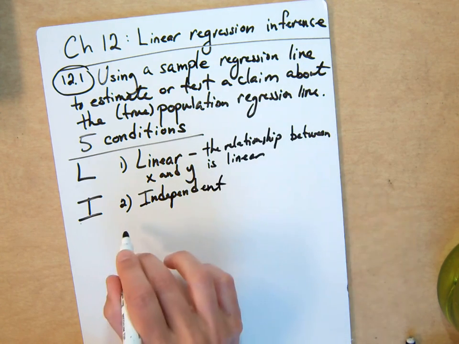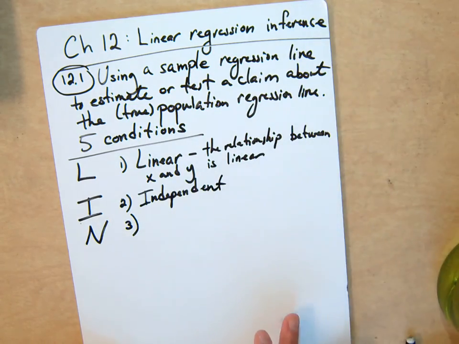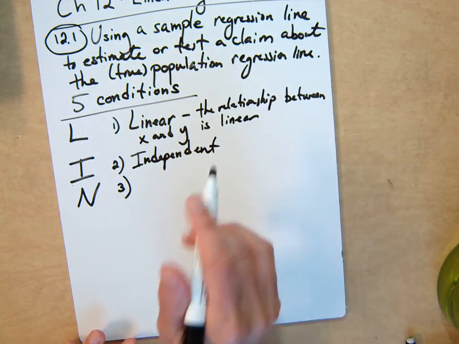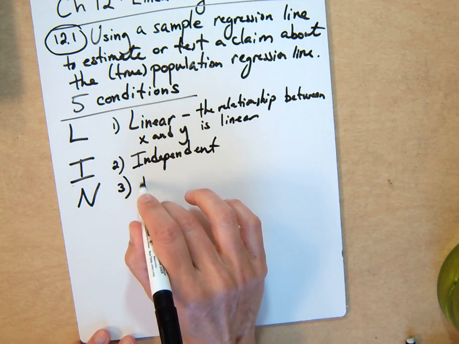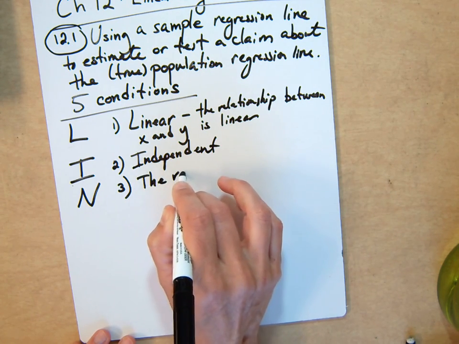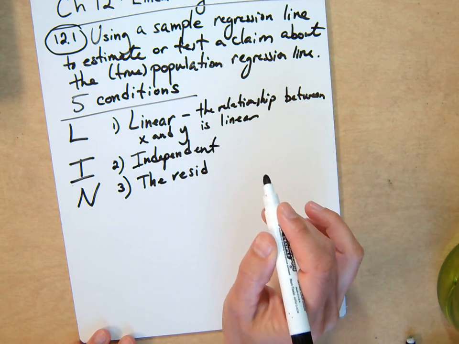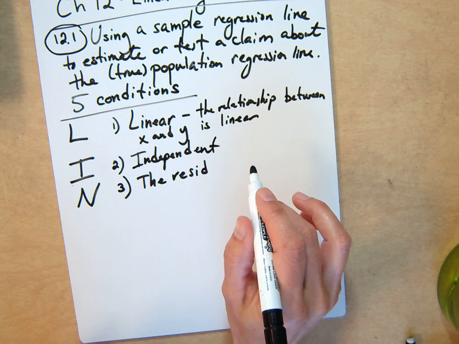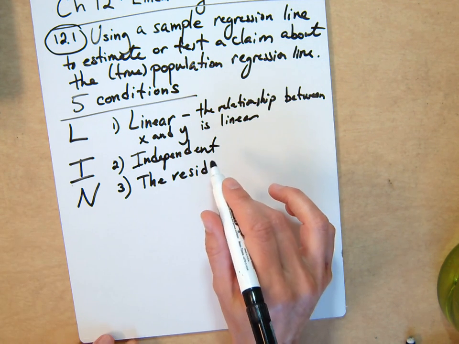The third condition is normal, but what do we need to be normal? It's the residuals. The residual is the distance of each measurement from the regression line. If it's above the regression line, it's a positive residual. If it's below, it's negative.